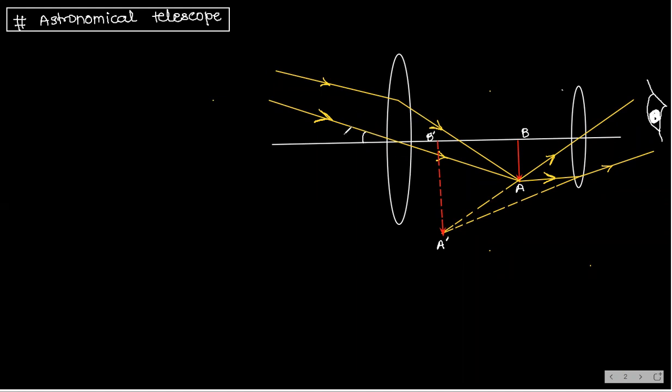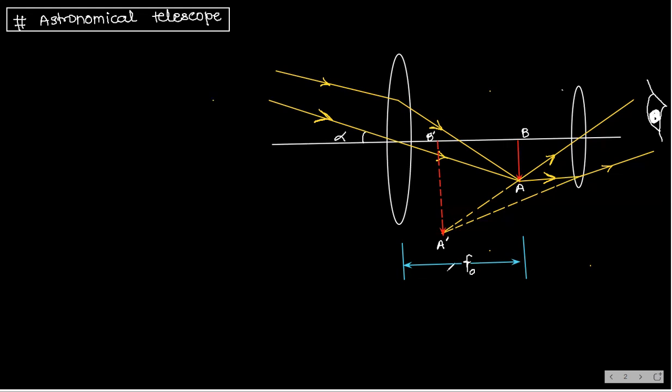Now this angle is alpha, and where this image is getting formed? Because when object is at infinity, the image will form at focus. So this distance from here to where the image is getting formed is F naught, that is focus of this objective lens.